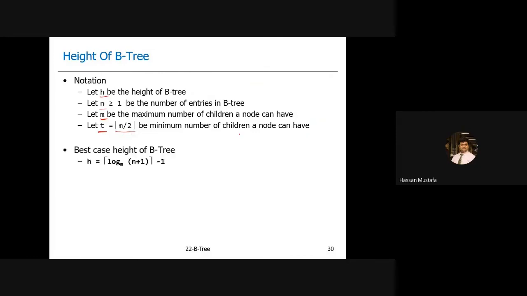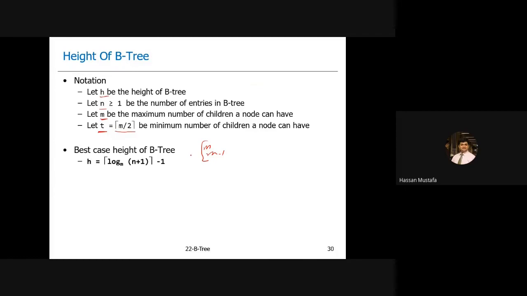In this scenario, the best case height of a B tree is when all the nodes have exactly, oh, sorry, not m by 2, m children and m minus 1 keys. That shows that all the nodes are full. There is no hole in that tree.